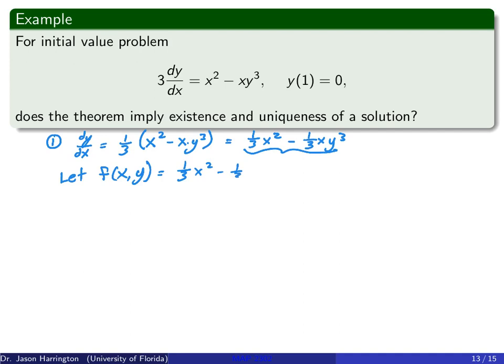Now the nice thing about this function here is that it's a nice multivariate polynomial. So that's nice and continuous everywhere. So I don't really have any problems. The second thing is f is continuous.